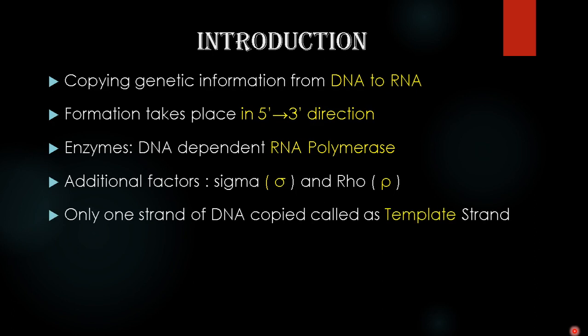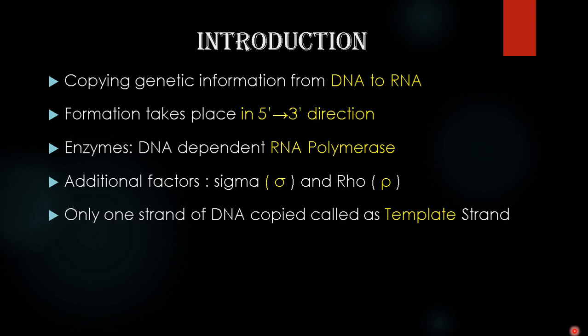During the process of transcription, the RNA formation will take place with the help of only one DNA strand. Out of both the strands of DNA in a double helical structure, only one will be copied to form the RNA. Both the strands are never copied.